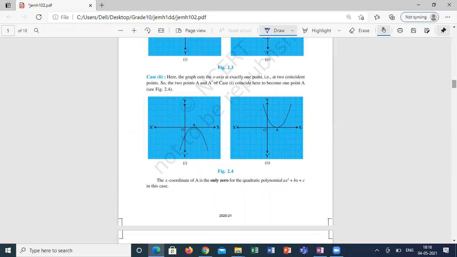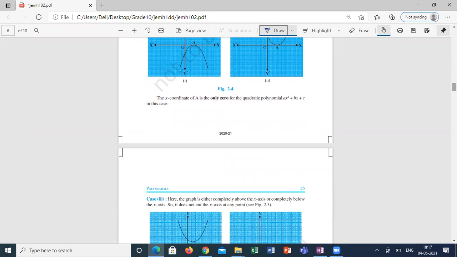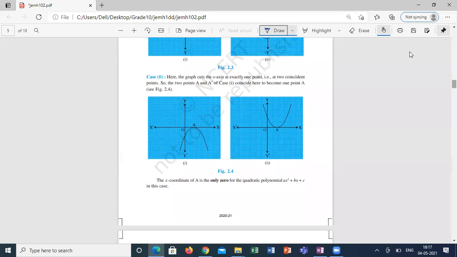We discussed that quadratic expressions should have 2 zeros of polynomials. It is having only one, which means its factors are the same. It's a perfect square, like if I am taking (x minus 2) whole square, x square minus 4x plus 4. Its zeros are 2, 2, because we get (x minus 2) into (x minus 2) is equal to 0, x is equal to 2, 2.